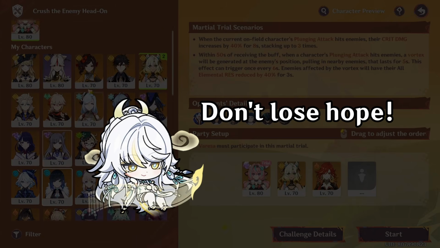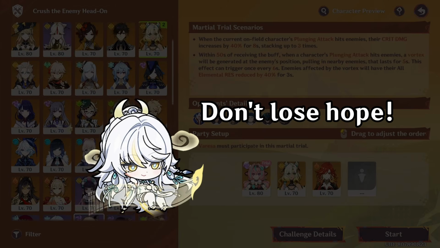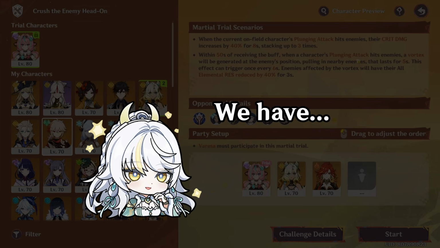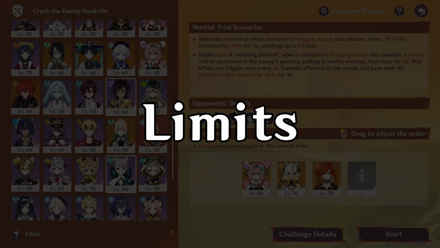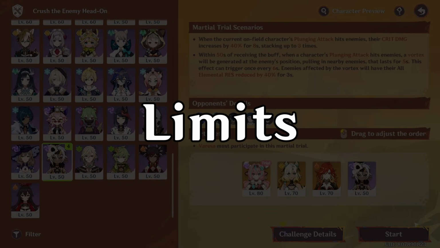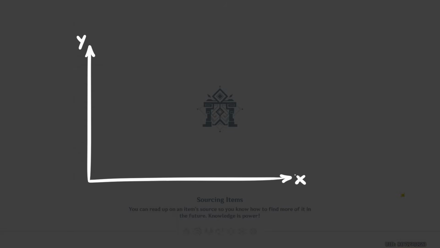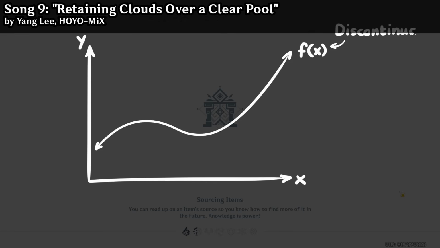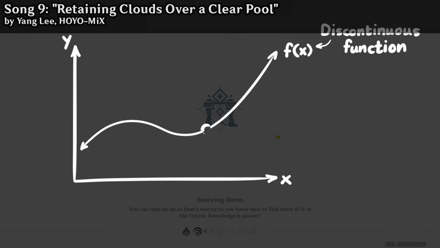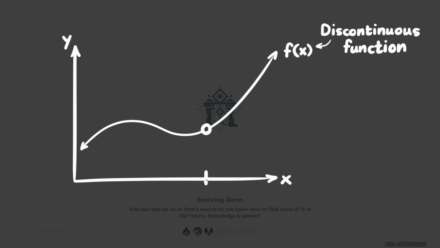Lucky for us, there's a mathematical operator that actually solves this issue. It is called the limit. Imagine we have some sort of discontinuous function, f of x, that looks like this. At x equals a, there's a hole, meaning that f of a doesn't exist.